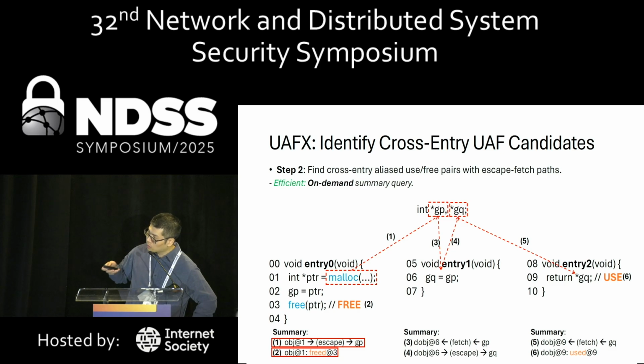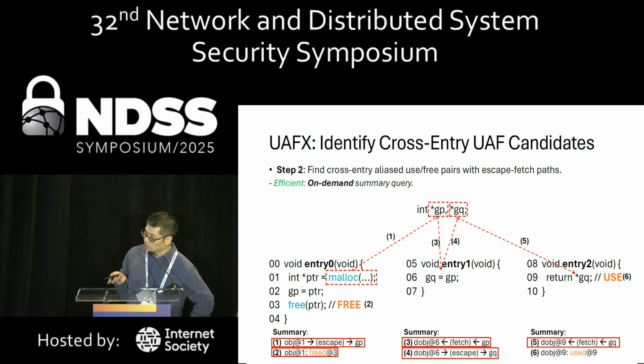And we recursively perform such on-demand query, and we found that this object can be further fetched by GP and then escape again to GQ. And eventually, our query brings us to the entry function 2, where we found that the alias object could be used and accessed. So at this point, we have identified a potential pair of UAF bugs, even though they are in different entry functions.